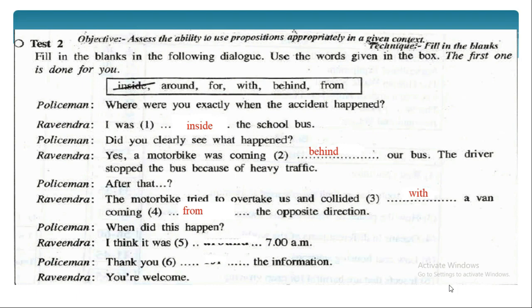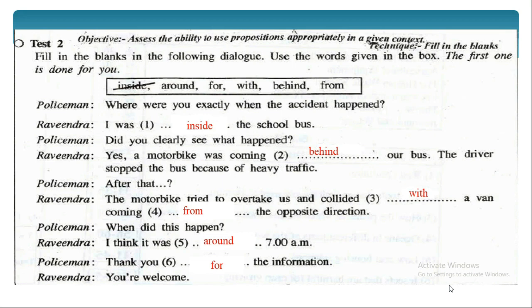Policeman: When did this happen? Ravindra: I think it was blank 7 a.m. As he doesn't know the exact time, he says around 7 a.m. Thank you, blank, the information. Thank you for the information.